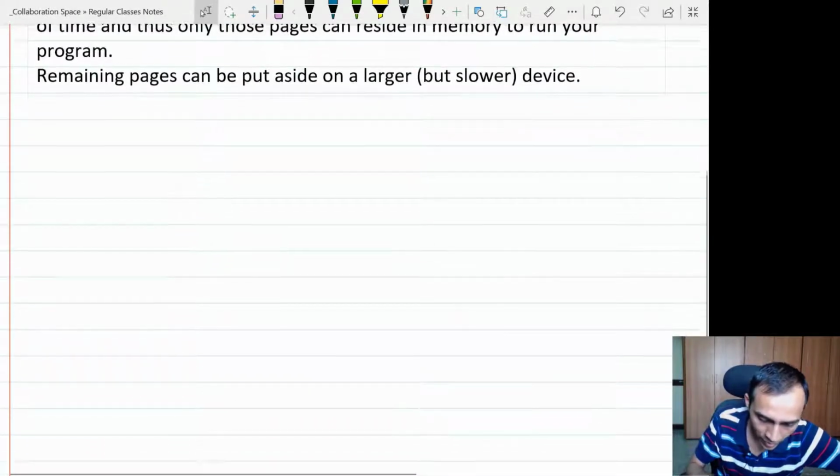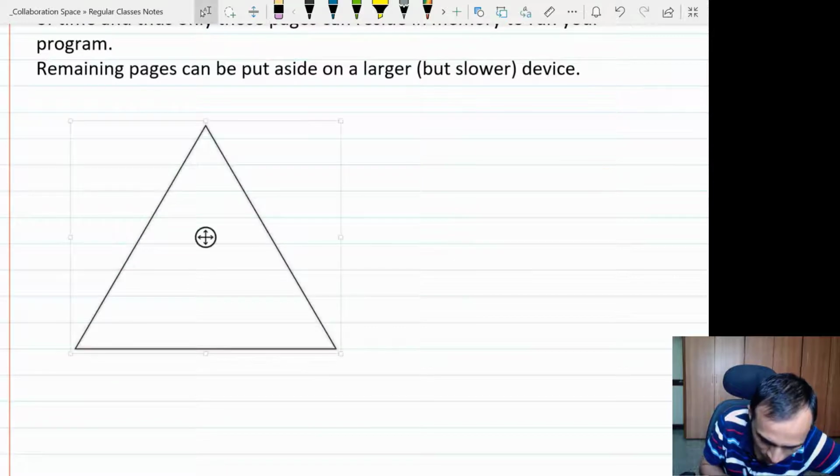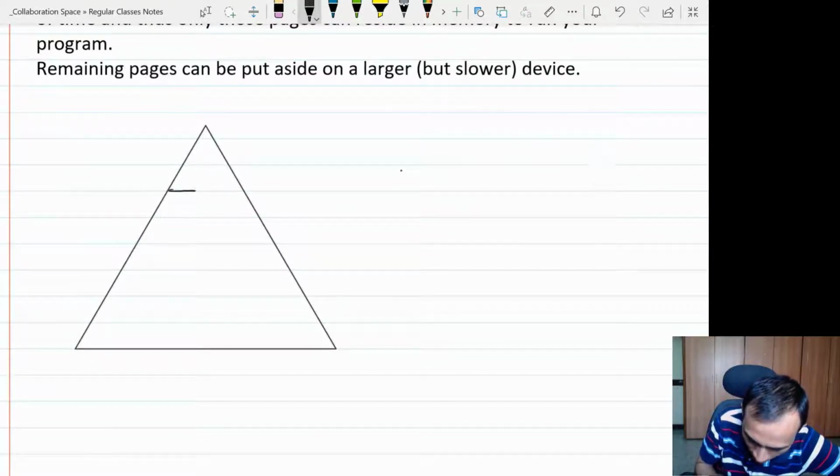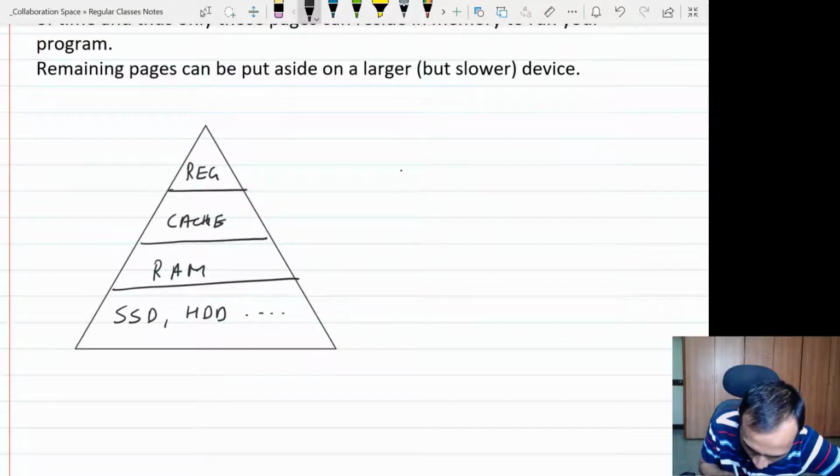We know from the memory hierarchy that we have different data storage devices: registers, which are fastest, then cache, then your RAM, and then some kind of disk. Earlier days you had hard disks; nowadays you find them replaced by flash based solid state drives and so on.